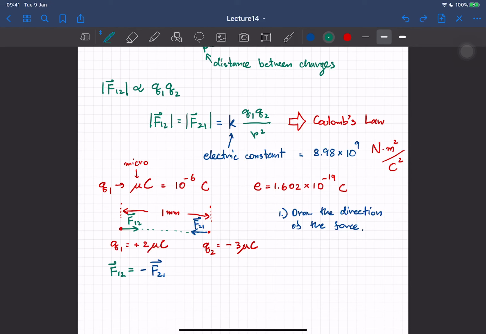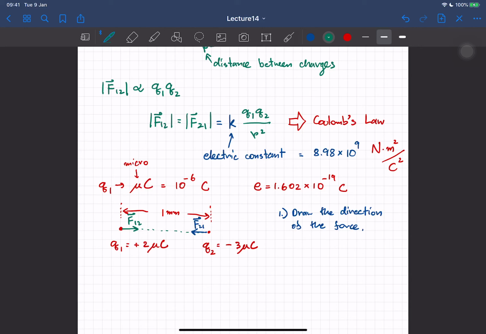Because if you have the same force, F21 will point that way, and F12 will point that way, so they are opposite anyway. So this is true no matter what kind of charge you have. Most of the time it's not really that useful to us. It's just saying that the forces on each charge are opposite from each other, but it doesn't tell you anything about whether the force is repulsive or attractive. So I'm not going to say too much about this. Anyway, that's the first step.